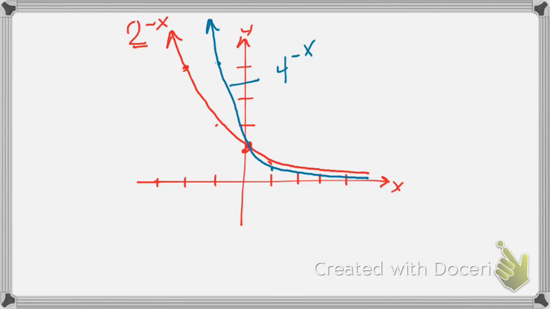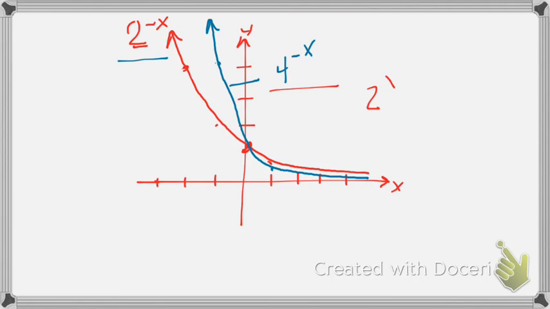Plotting these values, we get these two graphs here. In red, we have our 2 to the negative x. In blue, we have our 4 to the negative x. What do we notice about these graphs based on our other graph? It appears to be a reflection about the y-axis.